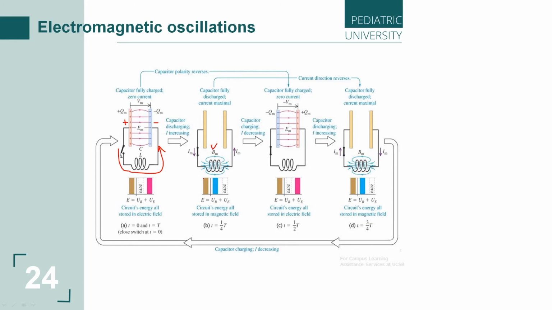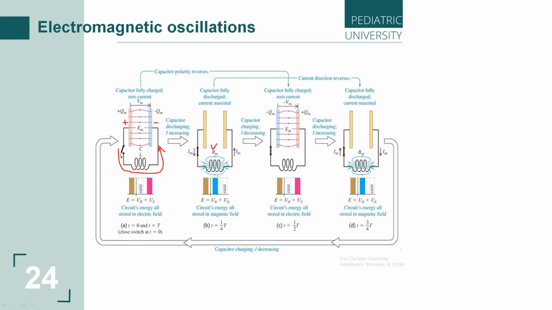There comes a moment when all the energy is in the coil, and the charge in the capacitor is zero. Energy in the capacitor is absent. All energy is now in the coil. In this case, the magnetic energy is at its maximum and the electrical energy is zero.